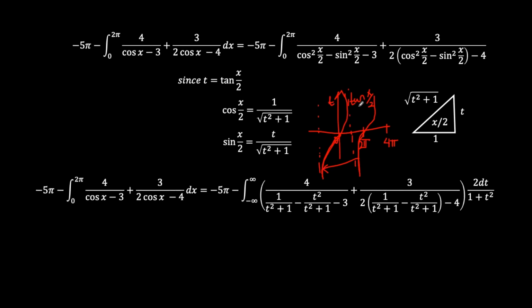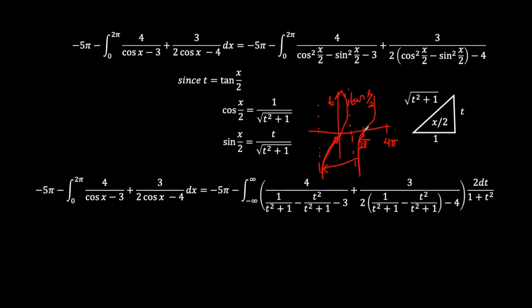So t being tangent of x over 2, as x approaches pi, it tends to positive infinity, right? And then on the upper side of pi, it tends to negative infinity.